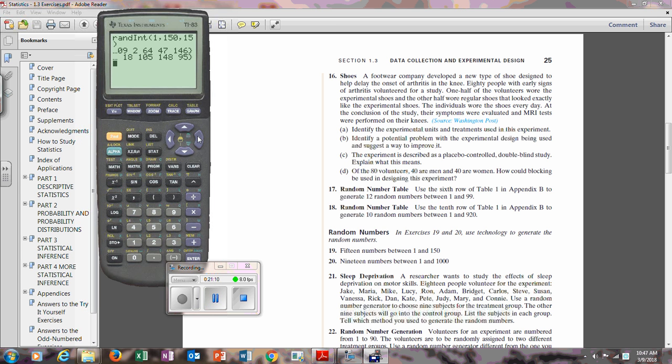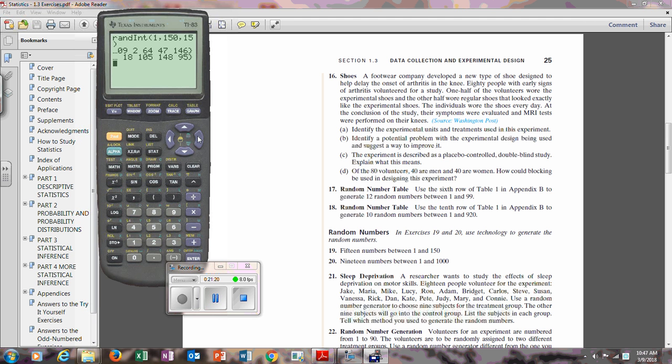Okay, number 21. Now taking that principle, how would we use it for number 21? Well, there's 18 different people, and we just want to choose 9 for this treatment group.